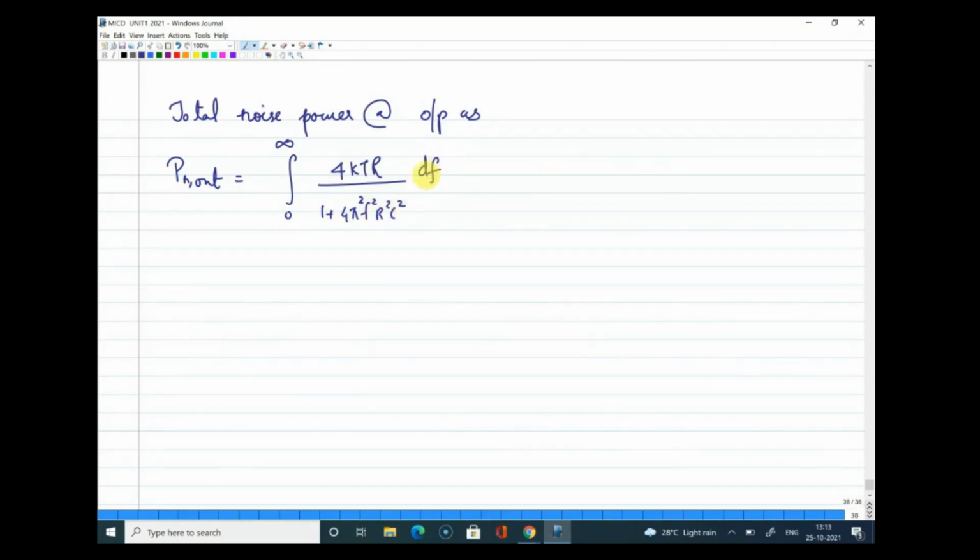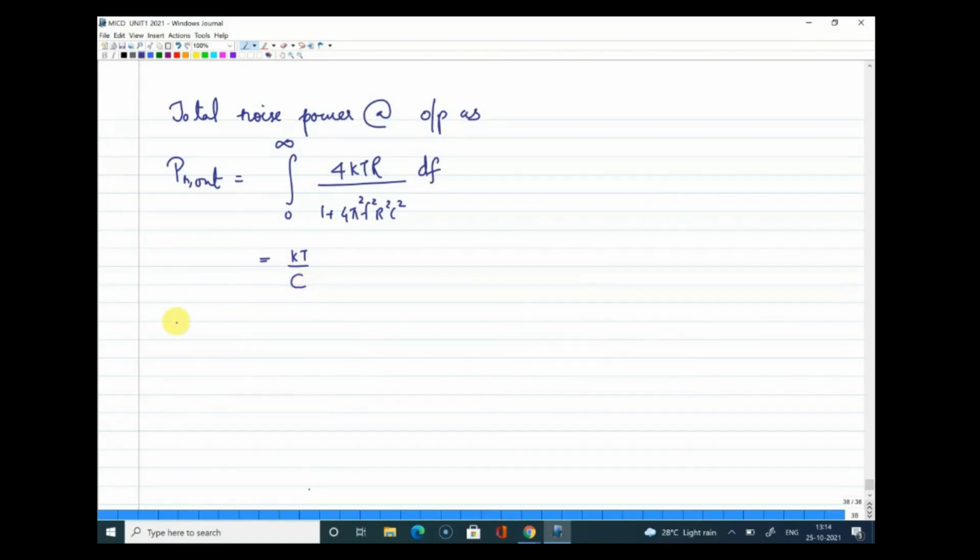This I should do, right? And how can I do this? Maybe you can refer to the noise lectures of analog IC design, which is available in the channel. If you integrate, this will result in a term of kT by C, right? So you can try that. So you will get kT by C here. So P n out is kT by C, which is the total noise power.